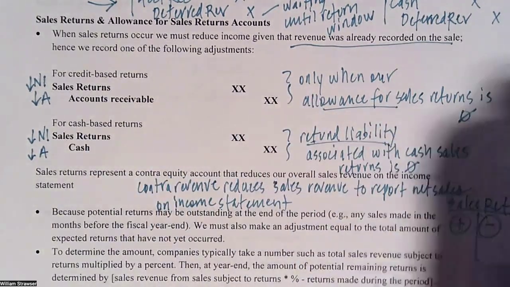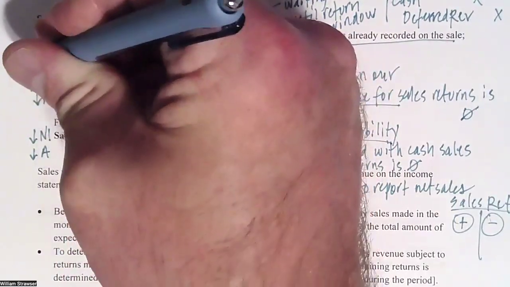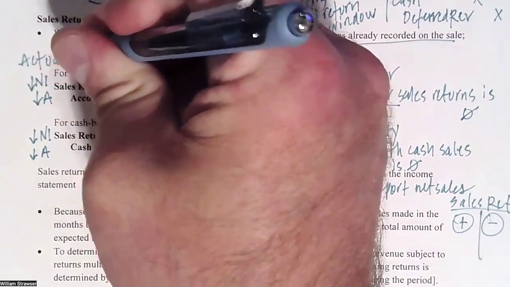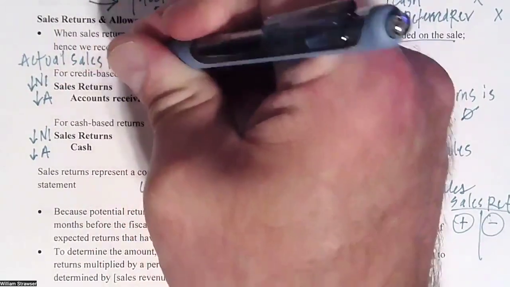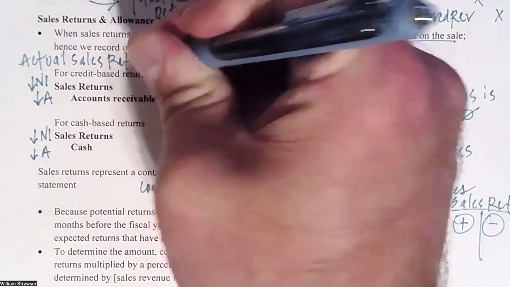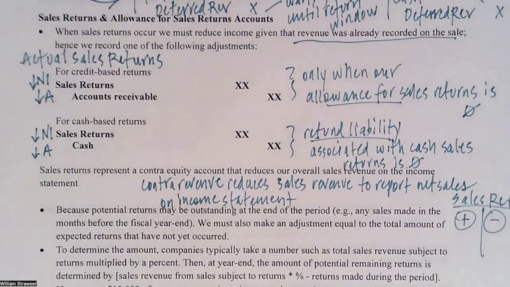So this is what I would call in keeping pace with my bad debts. These are my actual sales returns. This is an actual transaction that happened during the period, very similar to my actual write-offs that happen when I identify a specific customer account of customers who will not be able to pay me. I zero their account. Well, this is an actual sales return.